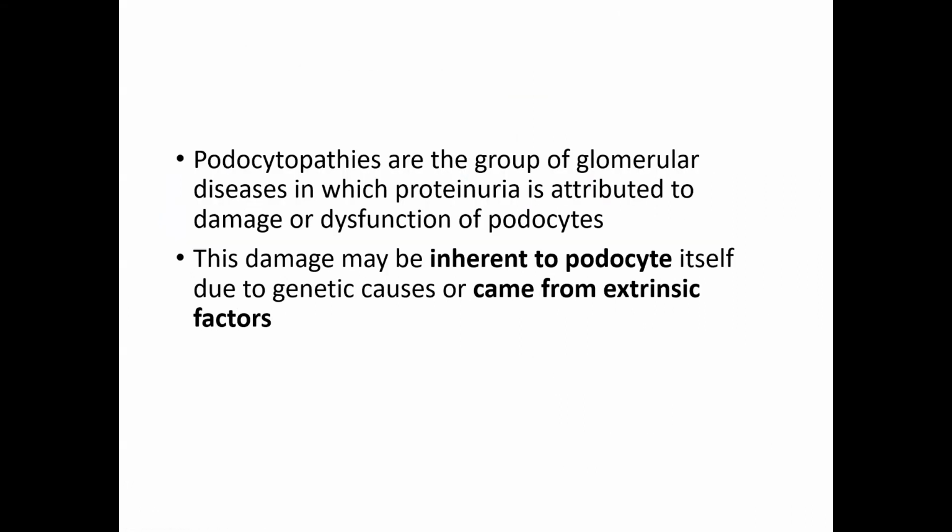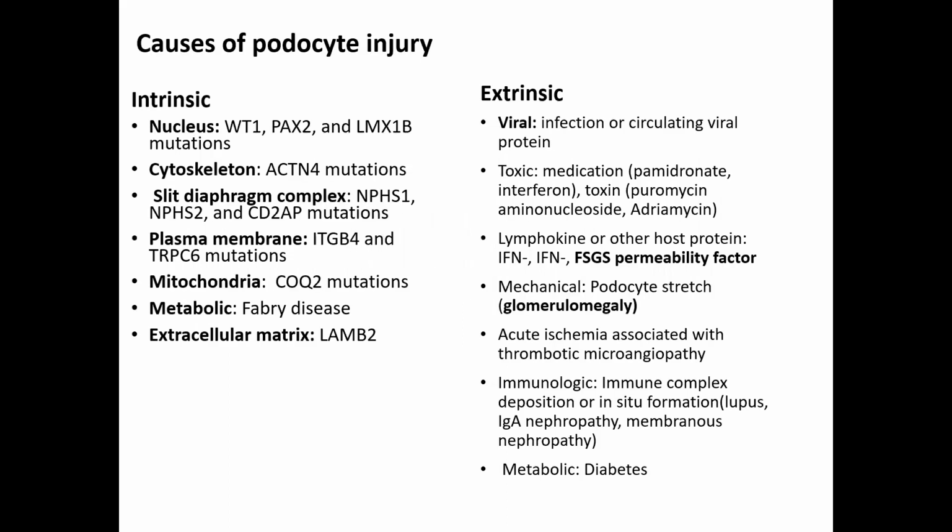Podocytopathies are the group of glomerular diseases in which proteinuria is attributed to damage or dysfunction of the podocytes. This damage can be inherent to the podocyte itself due to genetic causes, or it can come from extrinsic factors. There are several intrinsic causes described in the literature.